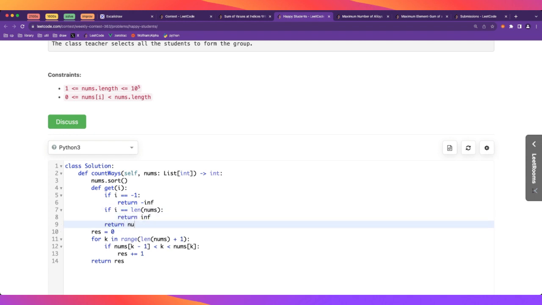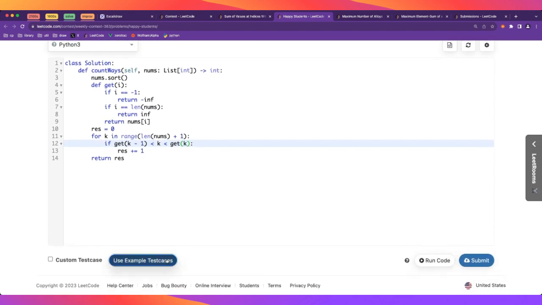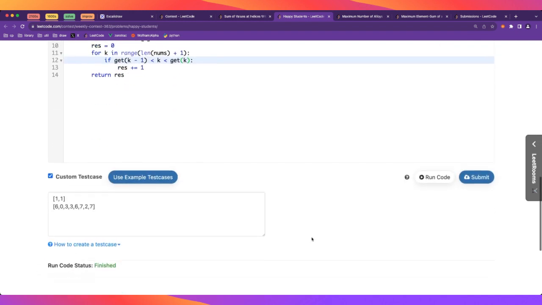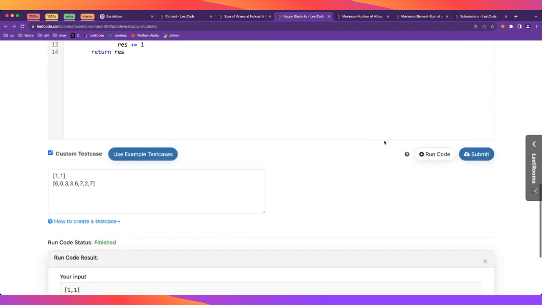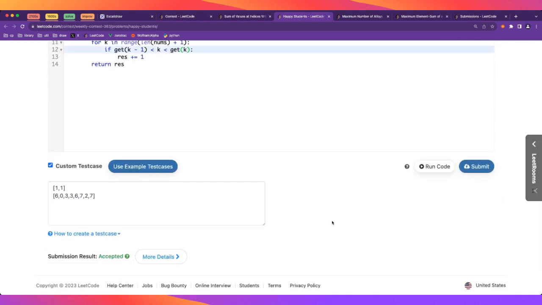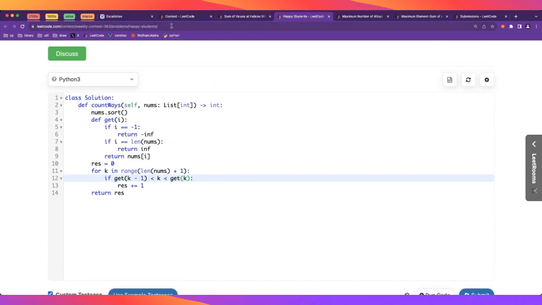And otherwise, we return nums of I. And so here, we just use this function. And we're good. Accepted.